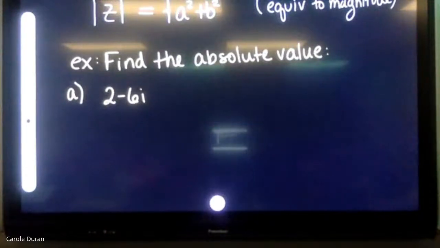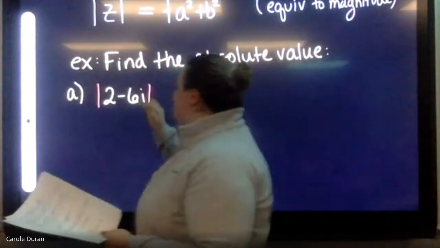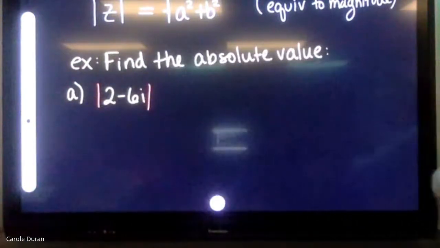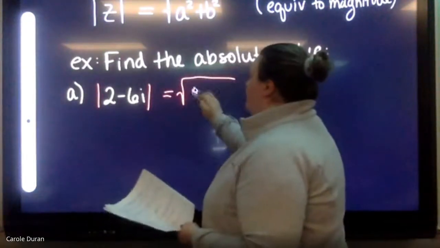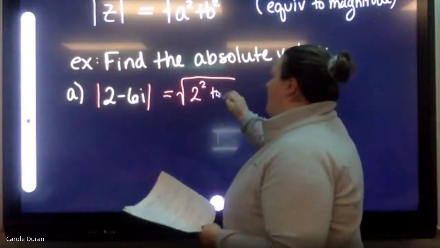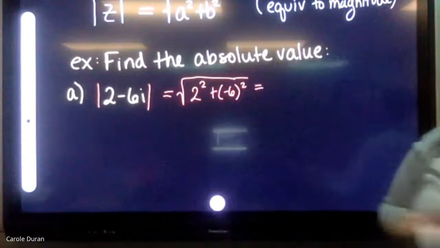And I would like to find the absolute value of that complex number. To symbolize that, the first thing I'm going to do is I'm going to put an absolute value sign around the number itself. And then I'm going to set that equal to the square root of my real part squared plus my imaginary part squared. And then I'm going to simplify.